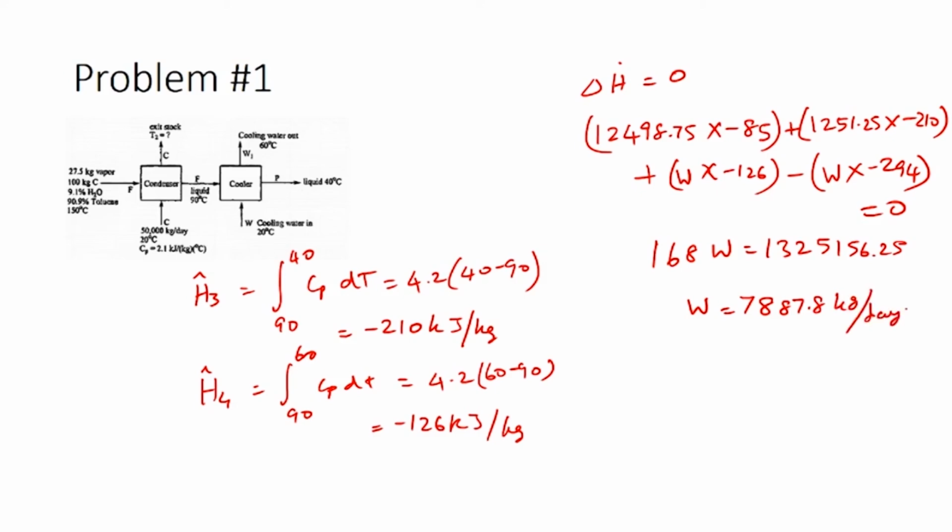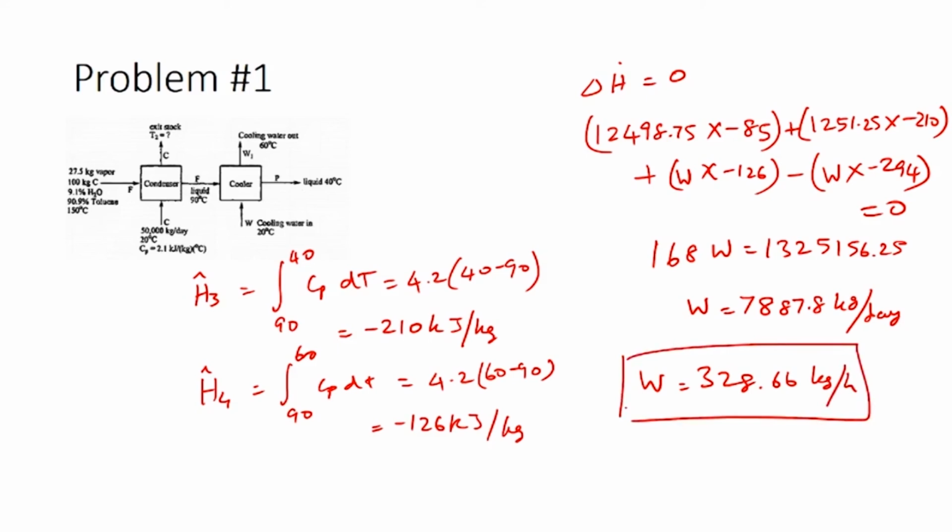The problem asks us to calculate the water mass which needs to be fed per hour. So, dividing this by 24 we would get W equals 328.66 kilograms per hour. So, this is the rate at which water needs to be supplied to the system for getting the required cooling.